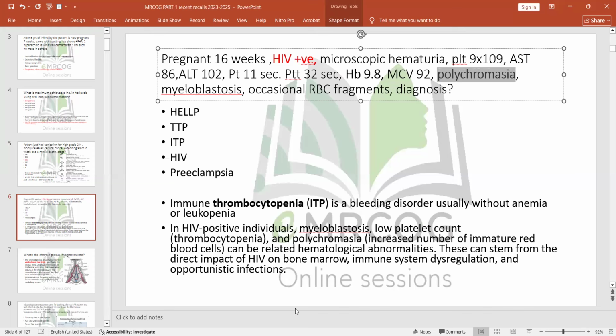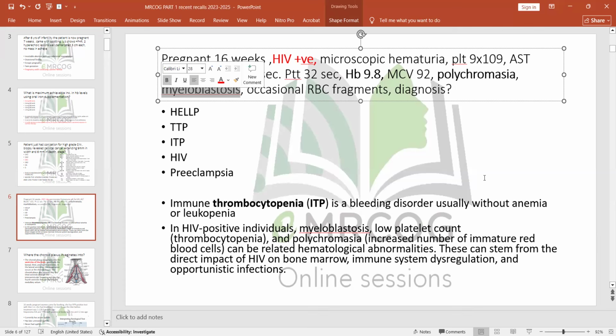Polychromasia means immature RBCs. This is something very unpromising. And myeloblastosis. Oh my God, this is also immature white blood cells, and we can also include the platelets, immature platelets in it. So this is something very bad.